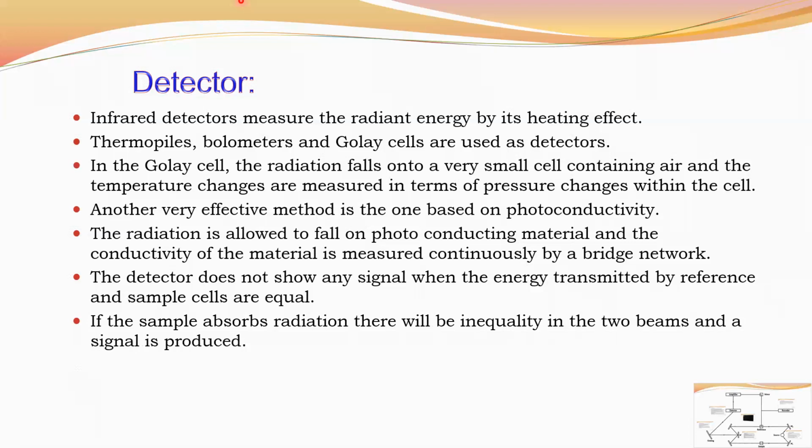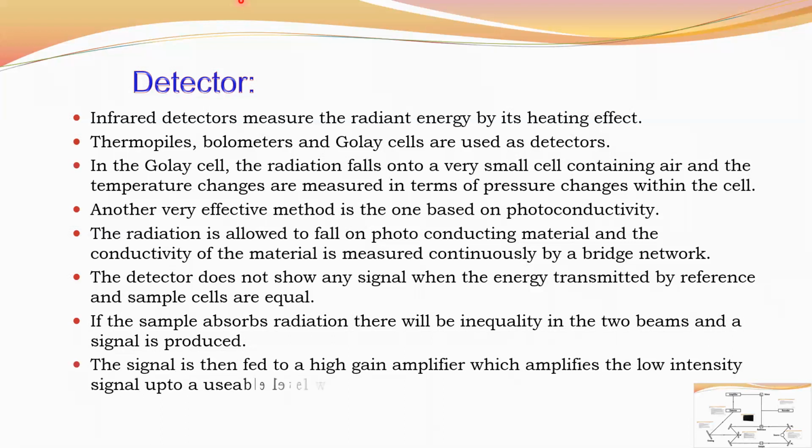So if the sample absorbs the radiation, there will be an inequality in the two beams and a signal is produced. This signal is fed into a high gain amplifier, which amplifies the low intensity signal up to a usable level with a minimum thermal and electrical noise.